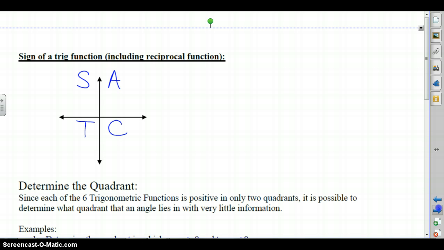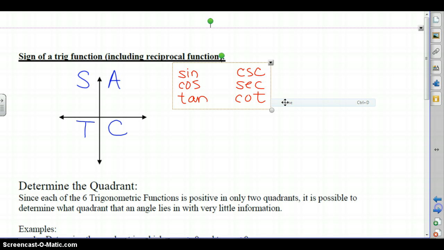Now that I've added in 3 new functions, I'm going to keep that same exact acronym. It's just going to take on a slightly different meaning. And that slightly different meaning is going to go something like this. I'm still going to have sine, cosine, tangent, cosecant, secant, and cotangent to deal with in all 4 quadrants.